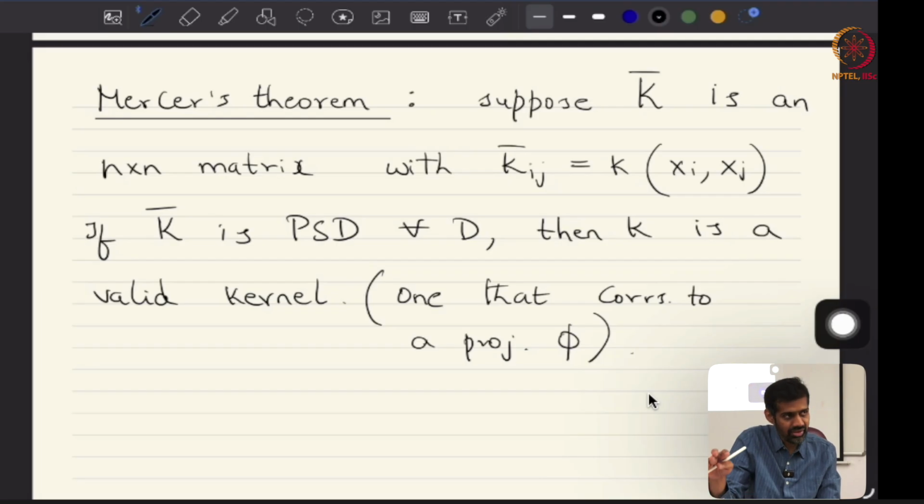If that happens, then we can be guaranteed that this kernel function corresponds to some projection of data. That is how people do it, in the sense that they come up with novel kernel functions, not with novel transformations, because every kernel function, as long as it is a valid kernel, corresponds to a transformation of data. That is what Mercer's theorem says.